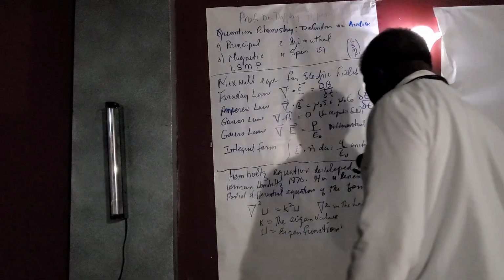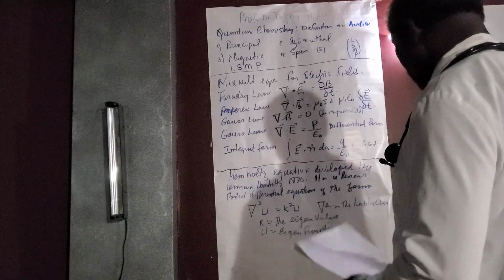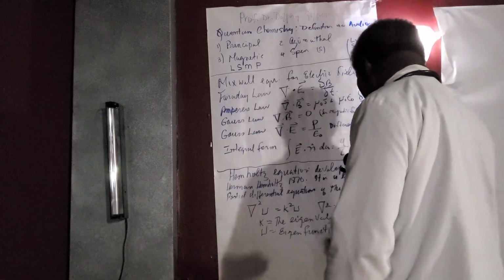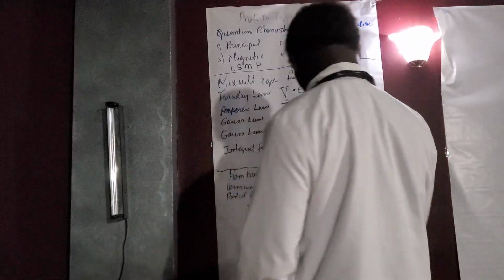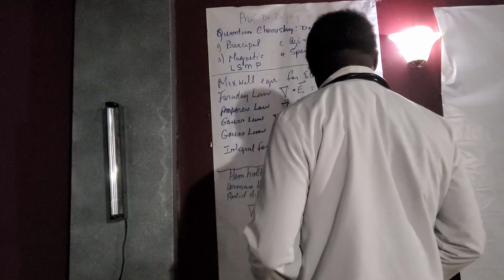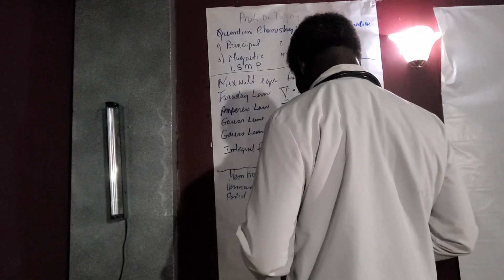A brief look at the mathematical form of the Helmholtz equation, which is a linear partial differential equation of the form del squared u equals negative k squared u, where k is the eigenvalue, u is the eigenfunction, and del is the Laplacian.